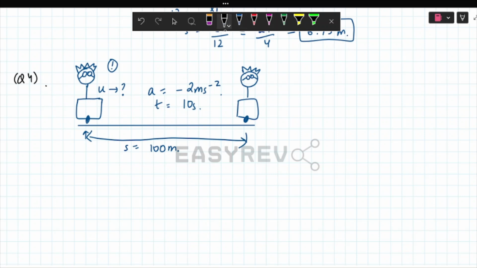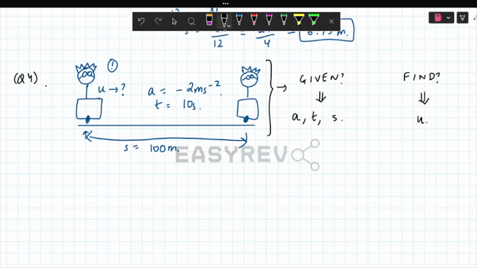In this case, we merely write down all the information we're given. We're given the deceleration, we're given the time t, and we're given the displacement. And what we wish to find is the initial velocity of the trolley and Dr.